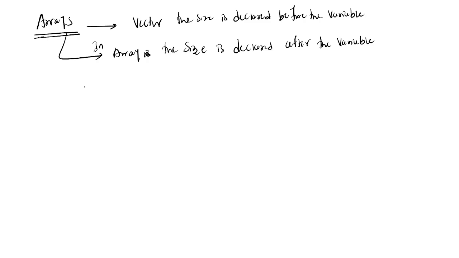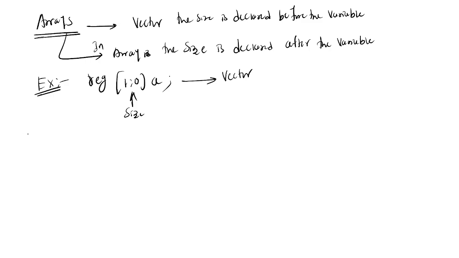Suppose if you see the example, let us consider reg 1 down to 0 a. This is the size, and this is a vector. Array means like reg a, first the variable, then 1 down to 0.